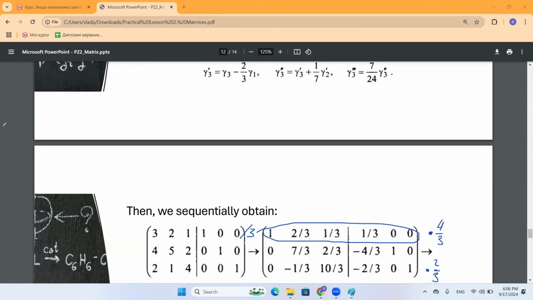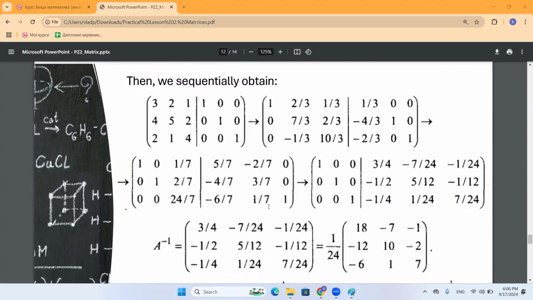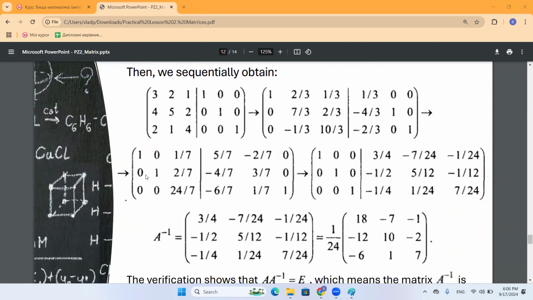And then I do the same thing with the second column. But I actually need to set 0 here and here.